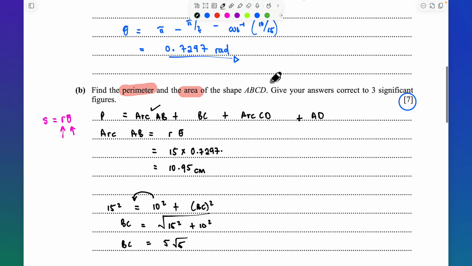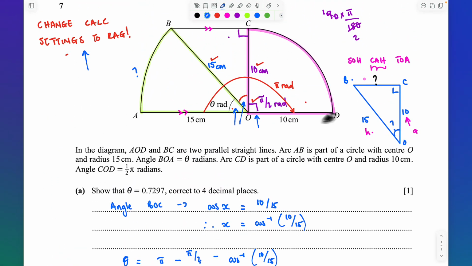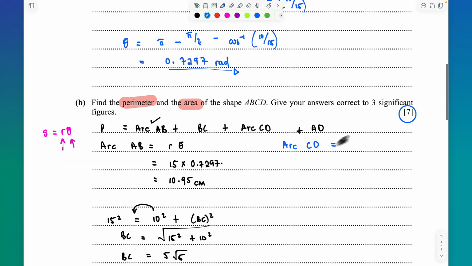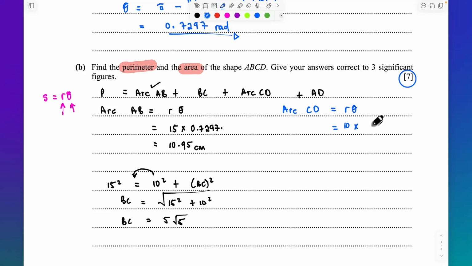And then the next thing that we want to do is get arc CD. I'm going to work that out over here. Arc CD is exactly the same formula. It's the arc of a sector, and we're working with this sector this time. That's equal to R theta. So our R in this case is 10, and this one is a bit easier because our theta is pi over 2.